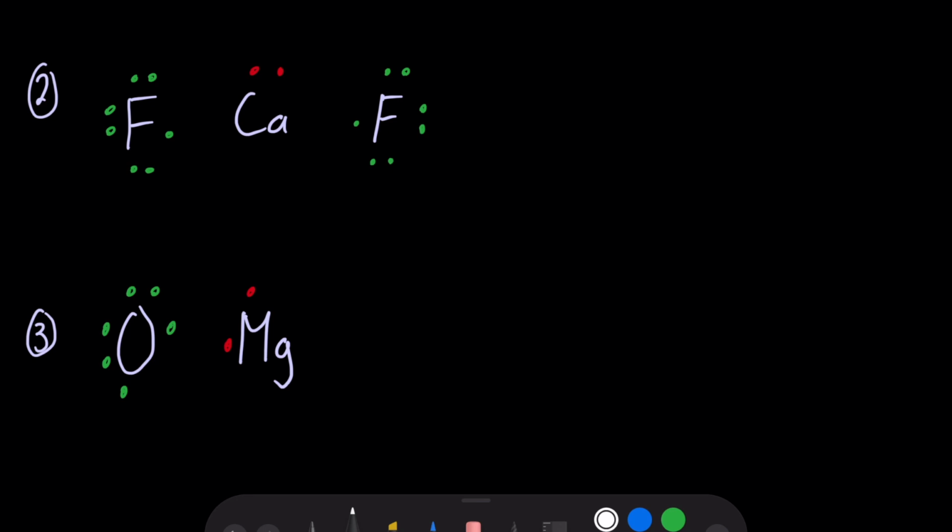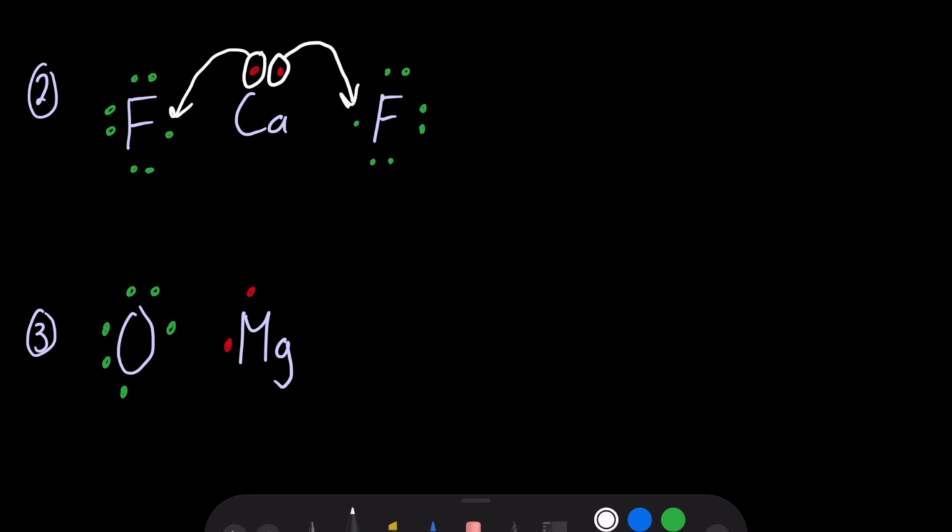As you can probably guess, calcium is going to be our cation, okay, and our 2 fluorines will end up being our anions. Calcium, if you look on your periodic table, has 2 valence electrons. So what's going to happen to those 2 valence electrons? One will be donated to one fluorine, and the other will be donated to the other fluorine.